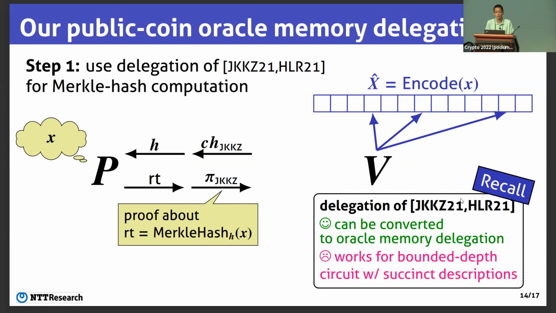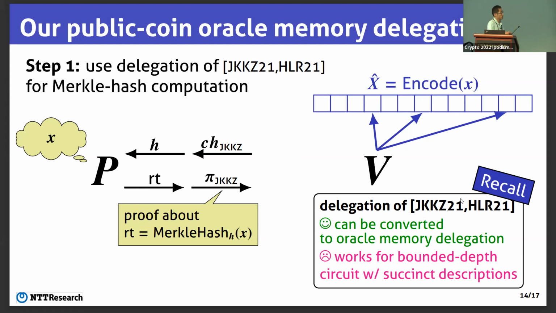Recall that the delegation of JKKZ and HLR can be converted to Oracle memory delegation easily. So this step of the scheme can be done in a way that the verifier only makes the Oracle query to an encoding of the memory. And also, even though the scheme works only for a bounded depth circuit with a certain form of succinct description, it turned out that the scheme can be used for macro hash computation.